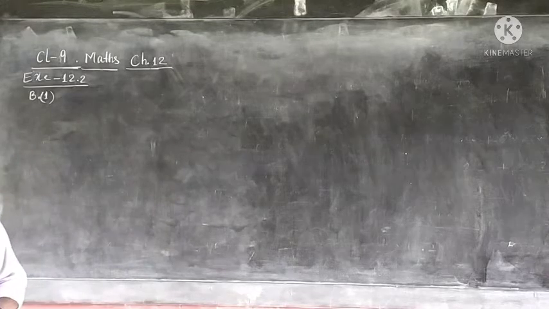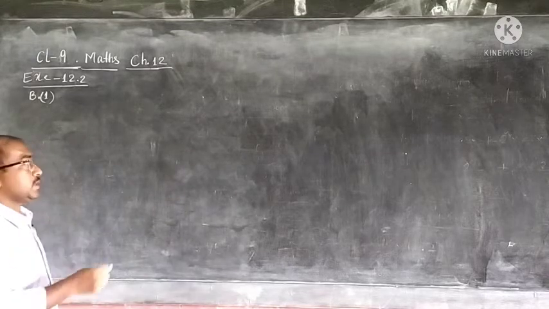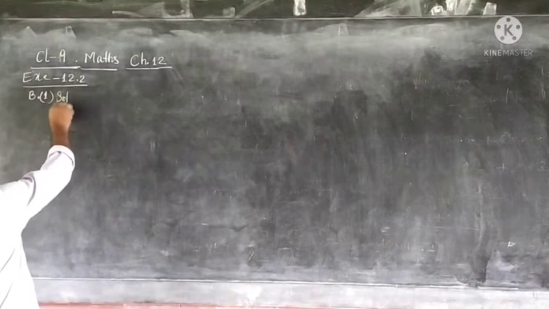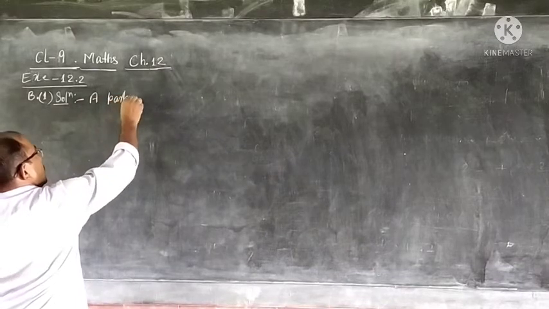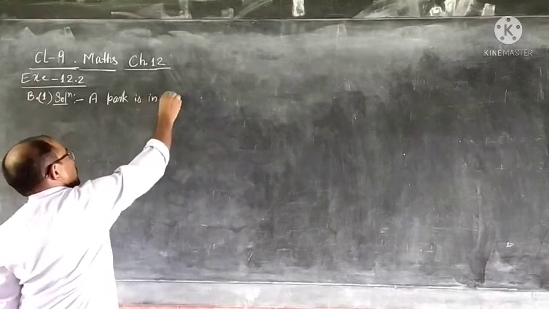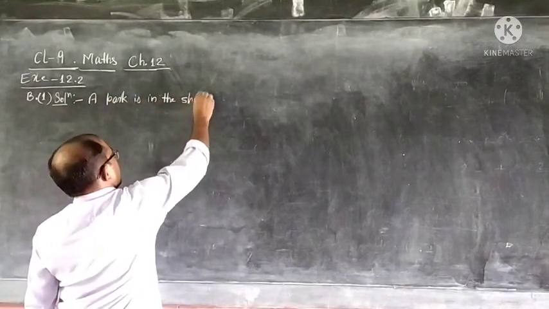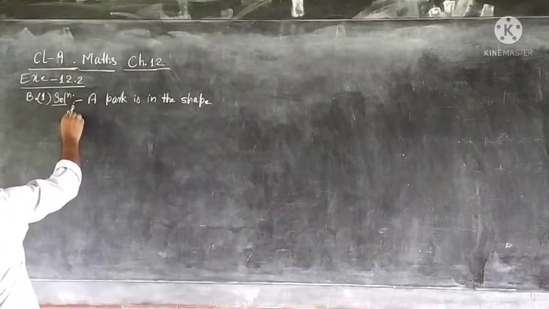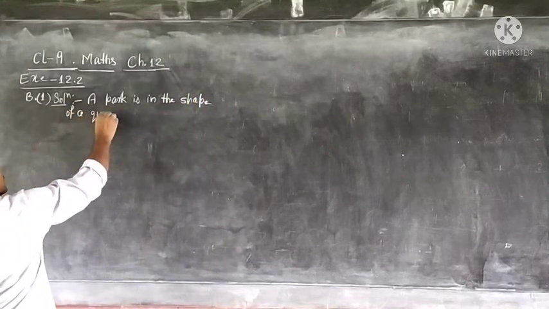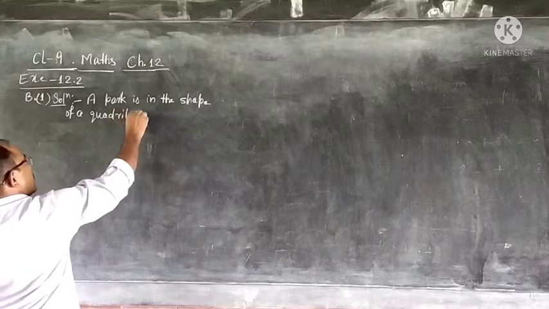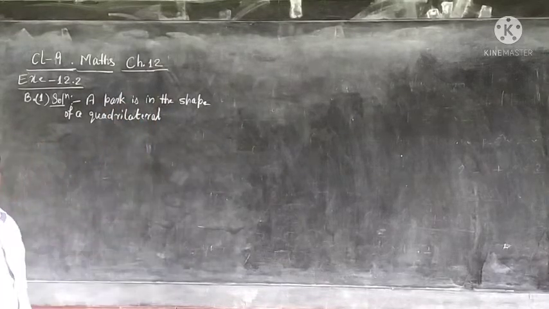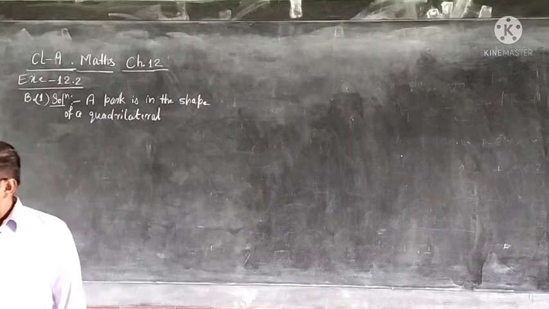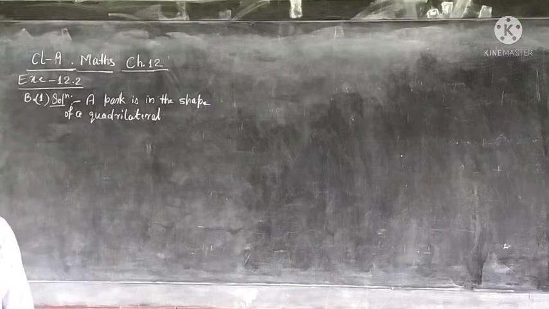The question is, a park is in the shape of a quadrilateral. We know a quadrilateral has 4 sides; a 4 sided closed figure is called a quadrilateral.